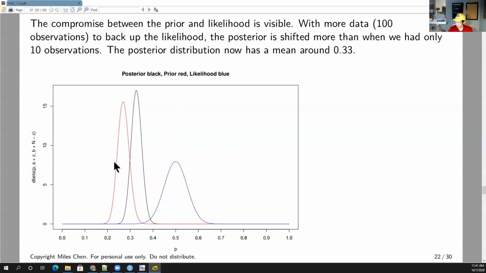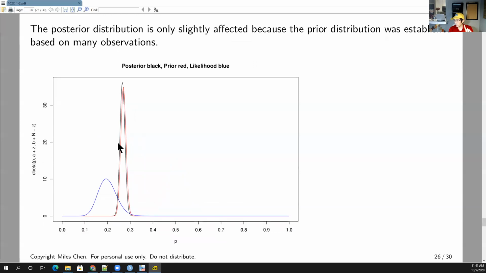And so you'll notice that the spread for this prior distribution is somewhat wider, okay? Whereas over in this scenario, the prior distribution is very, very narrow, because we're saying that this is an established player that we know a lot about. And so here we're getting 100 at-bats, and it's going to shift it only ever so slightly, okay?